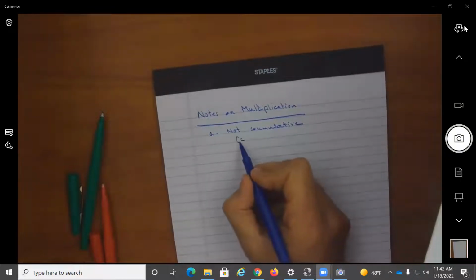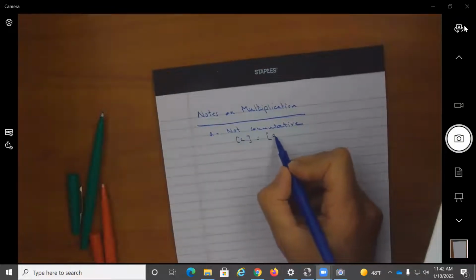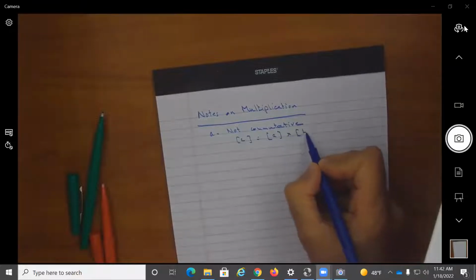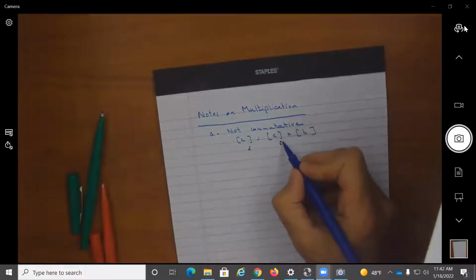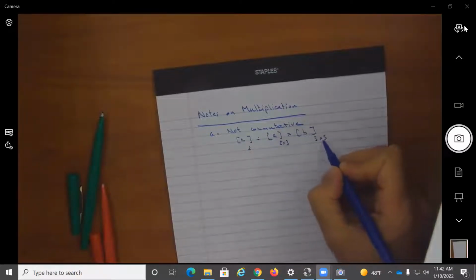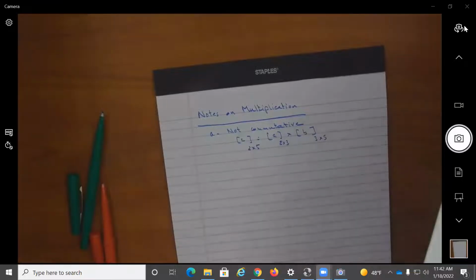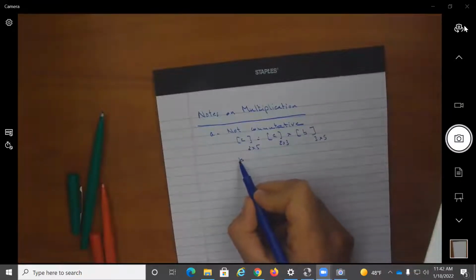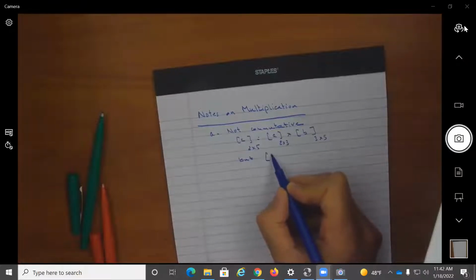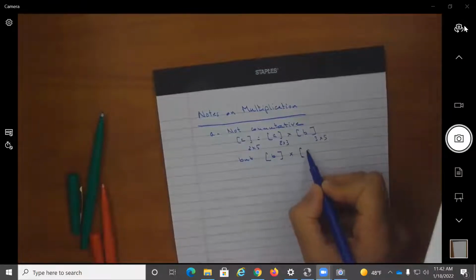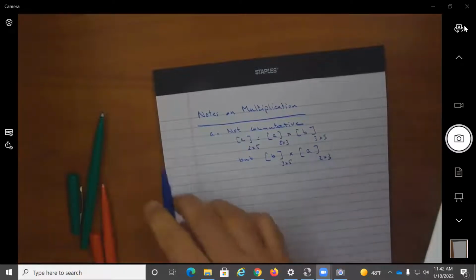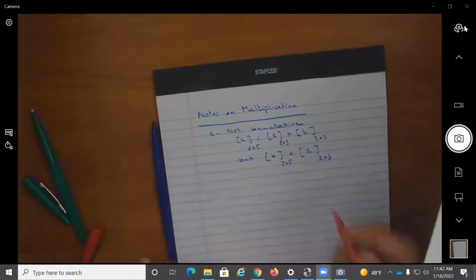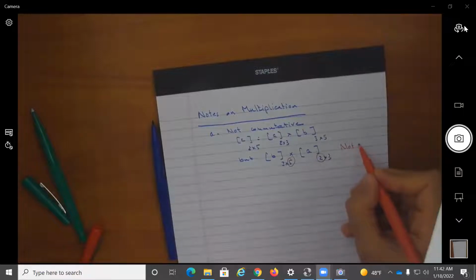While we had C equal to A times B, if this was a 2 by 3, and this is a 3 by 5, the outcome here would be a 2 by 5. But I cannot do B times A, because B is a 3 by 5, A is a 2 by 3. So clearly the 5 is not the same as 2. So this is not defined.